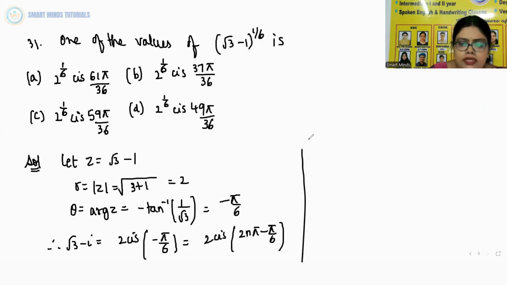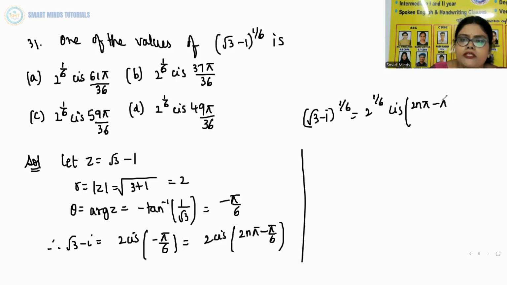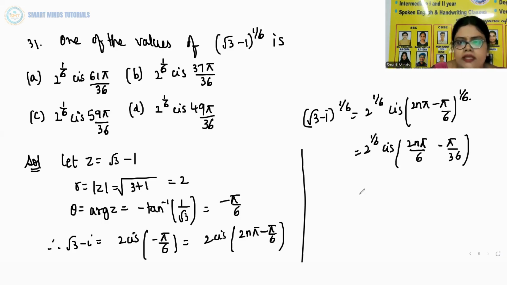So now we are raising it to the power 1 by 6. So (root 3 minus i) whole power 1 by 6 is 2 power 1 by 6 cis (2n pi minus pi by 6) whole power 1 by 6. So that is 2 power 1 by 6 cis (2n pi by 6 minus pi by 36), where n takes values from 0 to 5, because power 1 by 6 is there, so it takes 6 values: 0, 1, 2, 3, 4, 5.